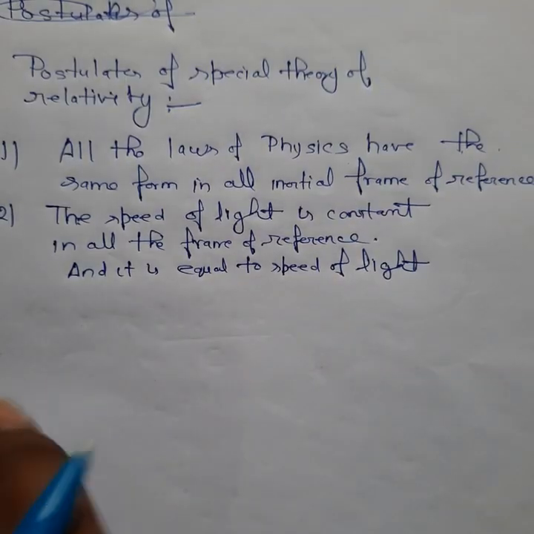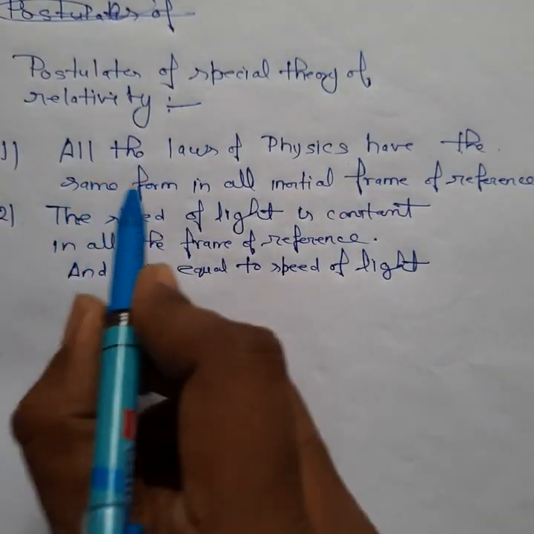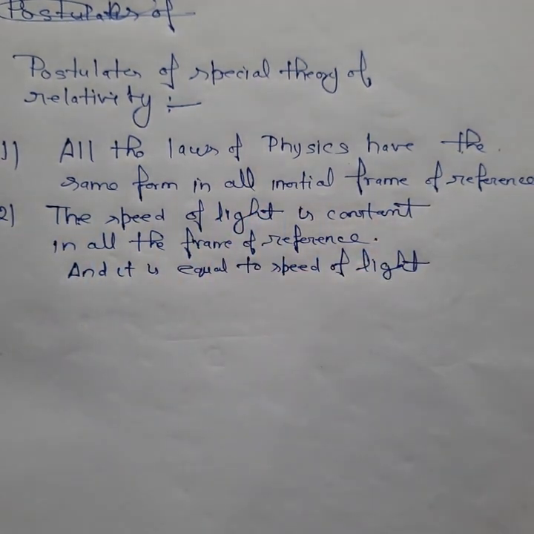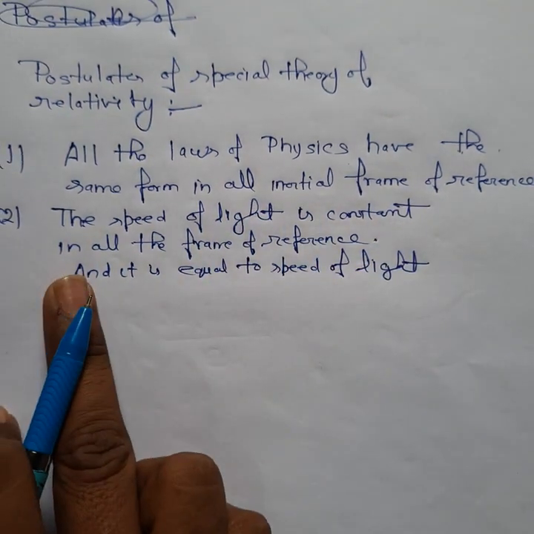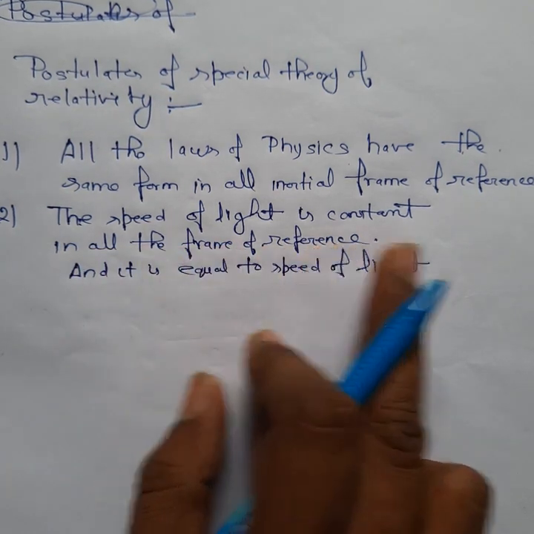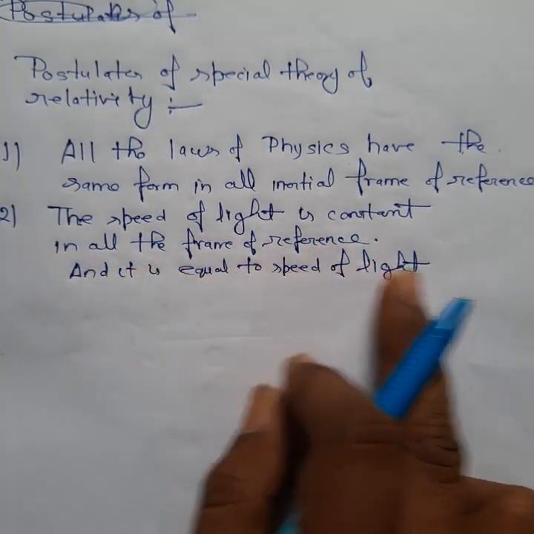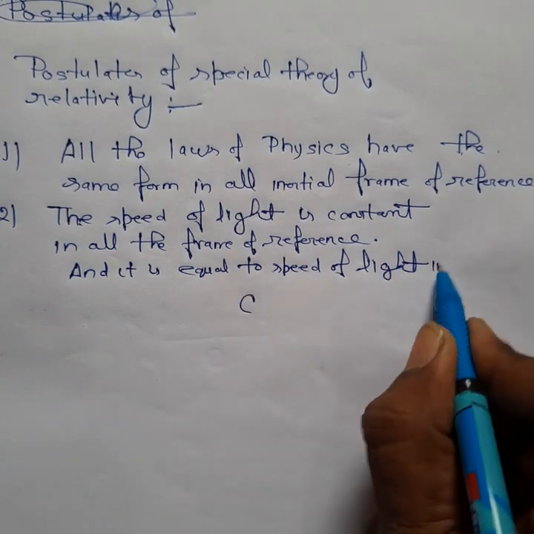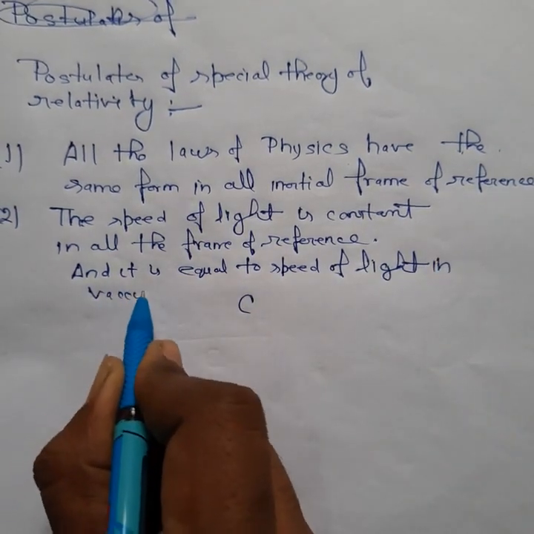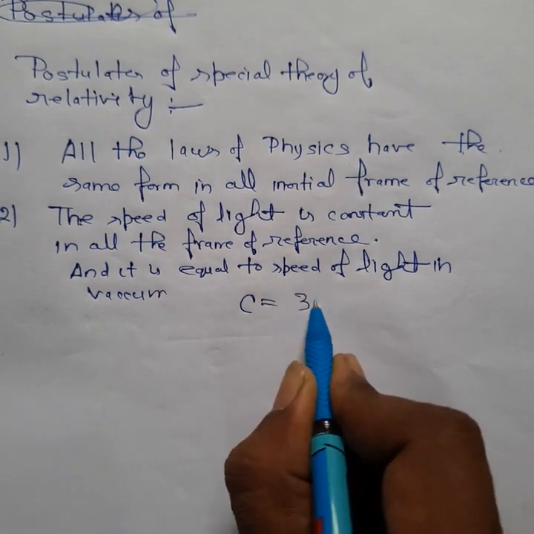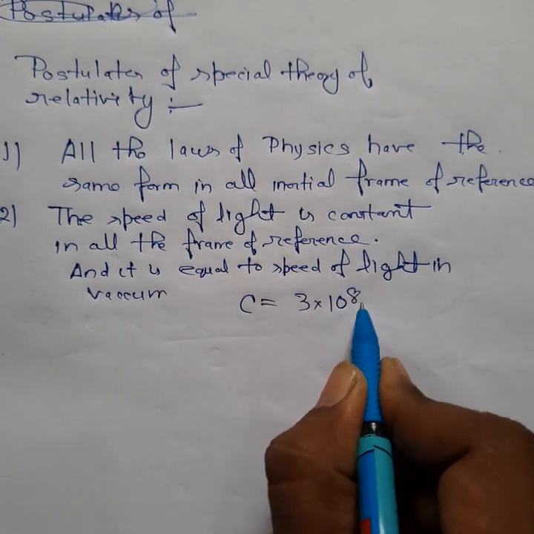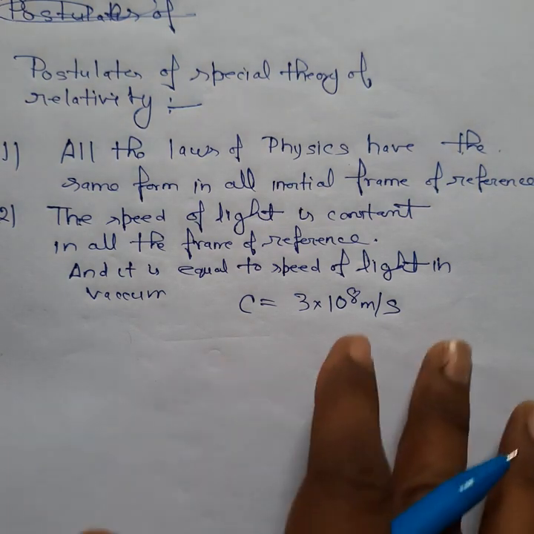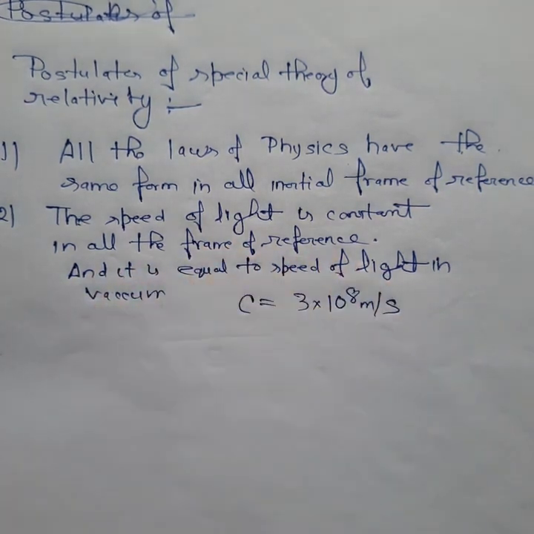The first postulate was: all the laws of physics have the same form in all inertial frames of reference. The second postulate was: the speed of light is constant in all frames of reference and it is equal to the speed of light in vacuum, that is c is equal to 3 into 10 to the power 8 meters per second everywhere, and it is independent of the motion of the bodies.